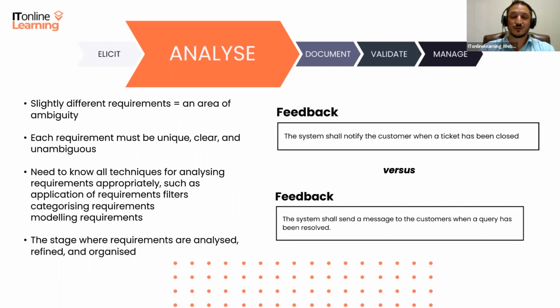So during this analysis stage, we may also carry out the modeling of requirements. Here we may map out what the requirements are going to be doing on a system, creating UML or class models, entity relationship models and such, which will show us in a visual representation format that this user will be doing this on the system.